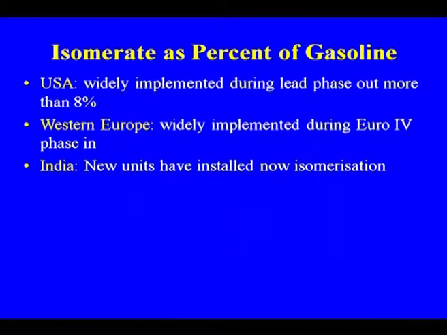The USA widely implemented isomerate in gasoline during the lead phase-out period, because that was when the requirement arose of how to improve the octane number. Tetraethyl lead was added earlier, but because of the environmental problem, lead was phased out. Even in Indian refineries we no longer use lead for improving the octane number.